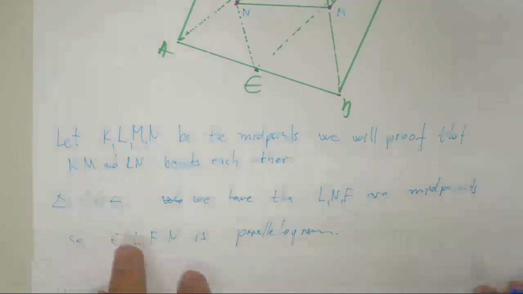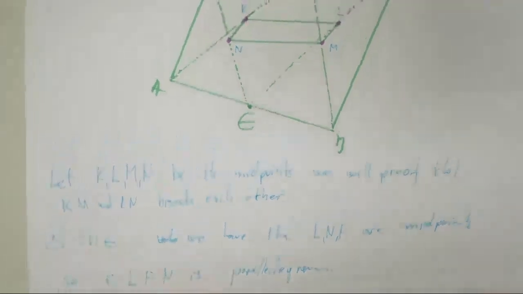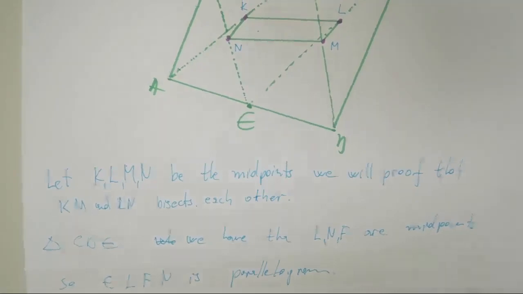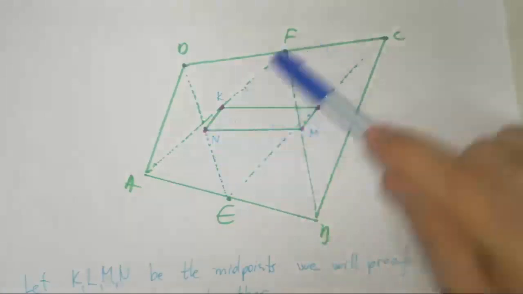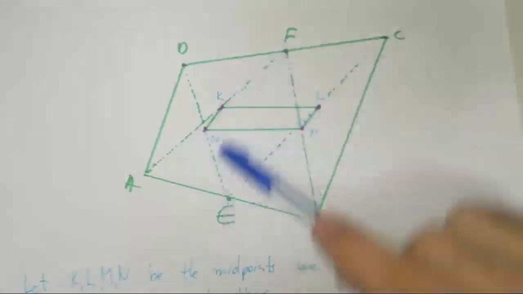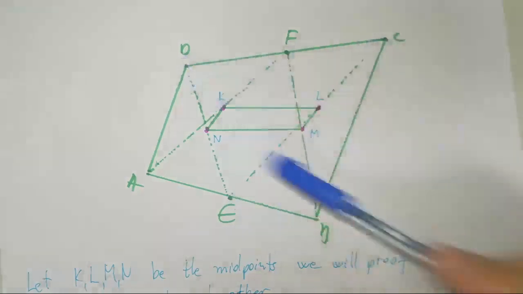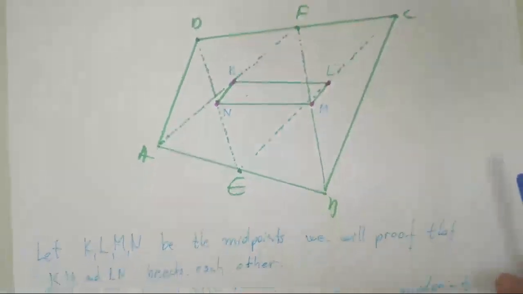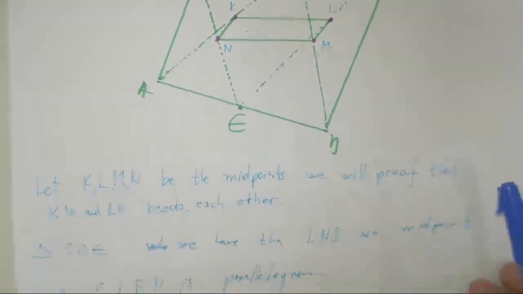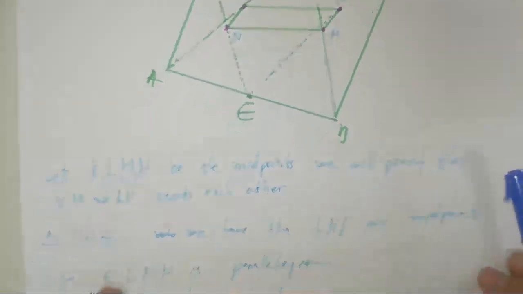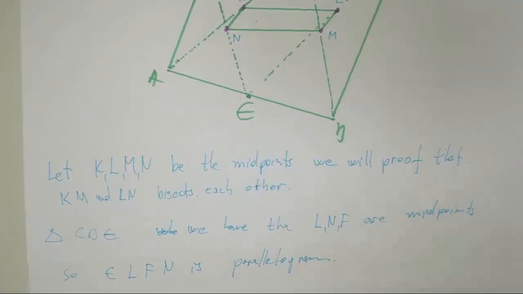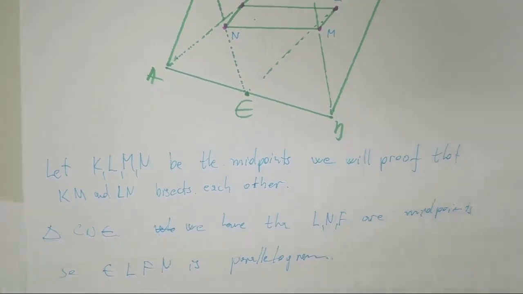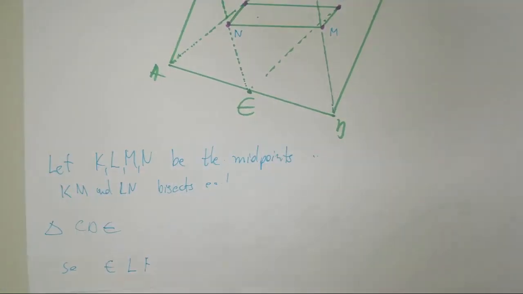From the triangle CDE, the points L, N, and F are midpoints of the sides EC, DE, and CD. What helps here is that the quadrilateral ELFN is a parallelogram. How do we know that? I'll draw another parallelogram here.